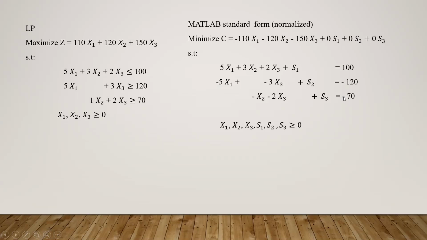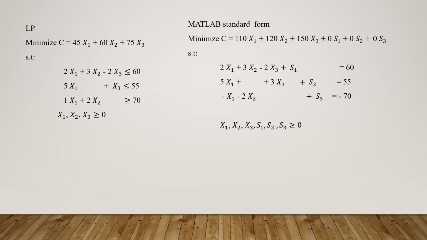And the same applies for maximization. In maximization, make sure at least one of your right hand sides is positive, or when you formulate it, if you have many more than or equal, at least one of them is less than or equal, so you can apply the dual simplex method.